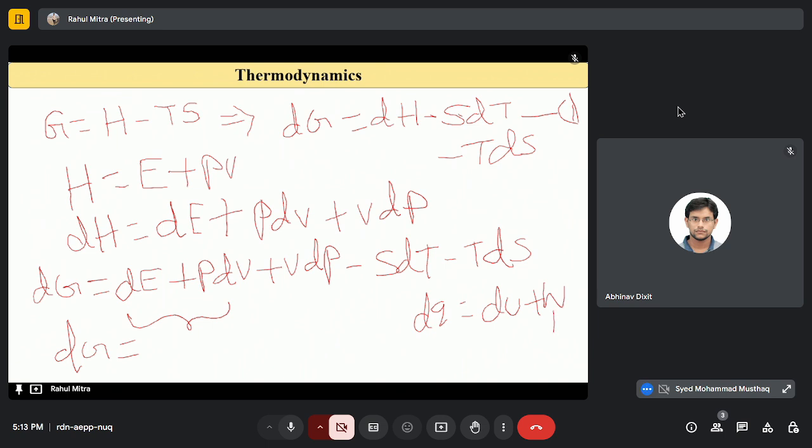In terms of pressure and volume, we define the work as P dV, work done against the environment. So this dE plus P dV will be equal to dQ, so dG equals dQ plus V dP minus S dT minus T dS.